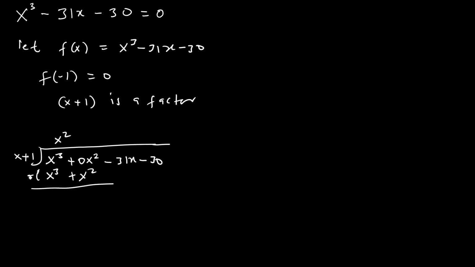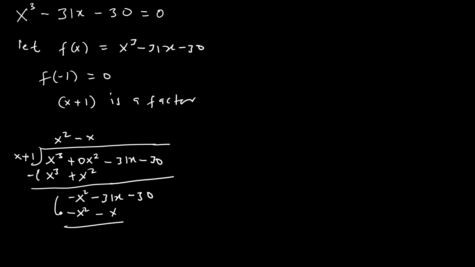So 0 x squared minus x squared is minus x squared. Let's bring down minus 31x minus 30. So let's go again. x into this will be minus x. So minus x times x is minus x squared. Minus x times 1 is minus x.